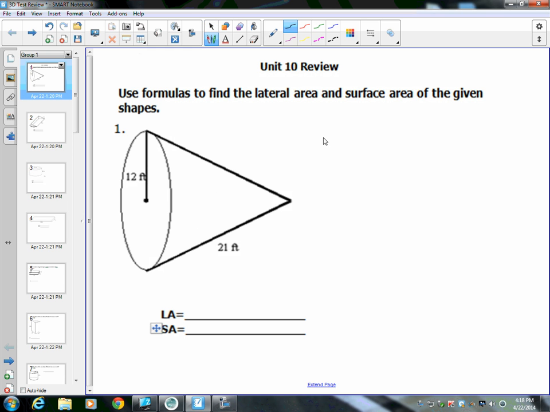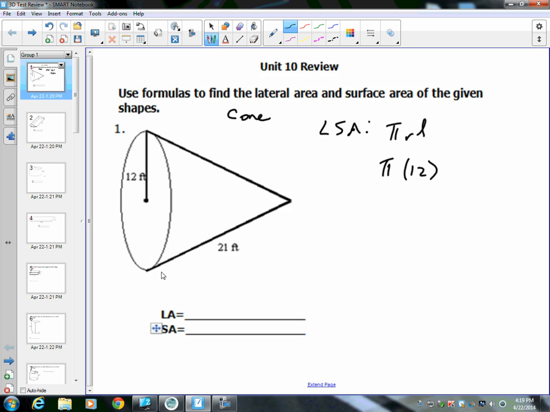So for a cone, let's find lateral surface area first. I'm going to call it LSA on this. It does say LA on our piece of paper down here, but that again stands for lateral surface area also. If we look at the formula chart, the formula for lateral surface area of a cone is pi r L. Pi times r times L. r stands for radius, which in this case would be 12.